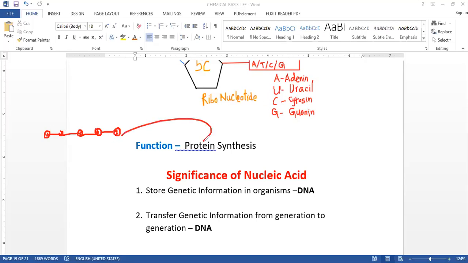To form protein, RNA helps. There are lots of types of RNA: rRNA, which will be taught in A level, tRNA, and mRNA. There are three types.